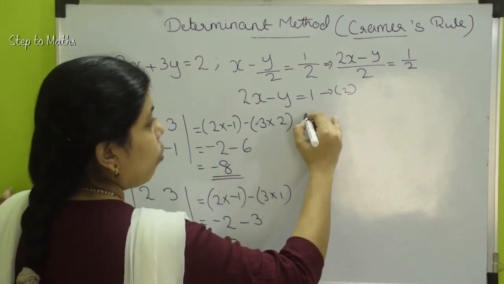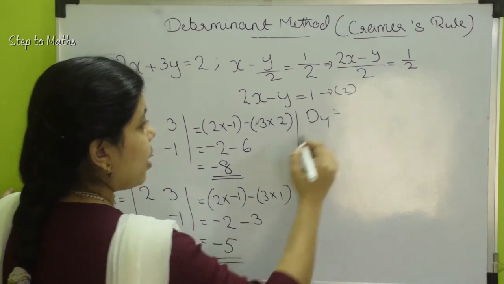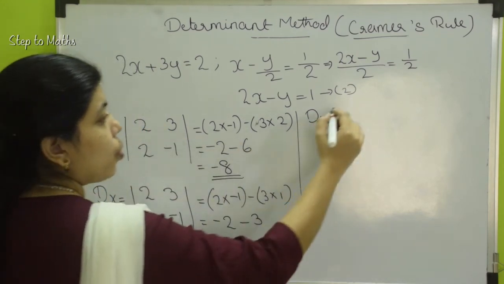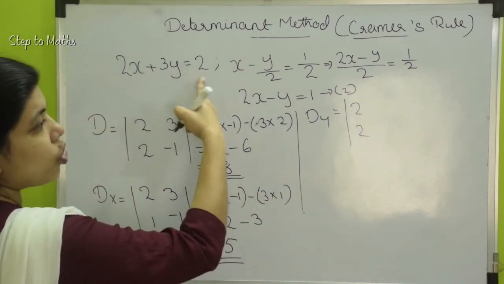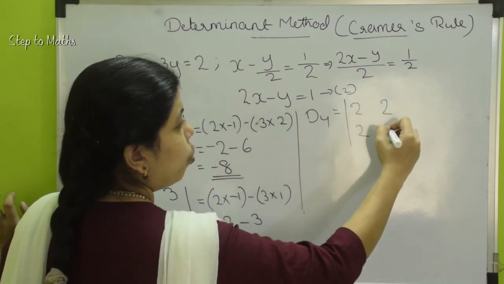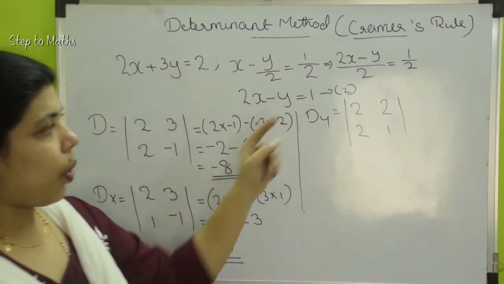Now find out the value of dy. dy is equal to, first column is 2, 2 and second column is the constants 2 and 1.